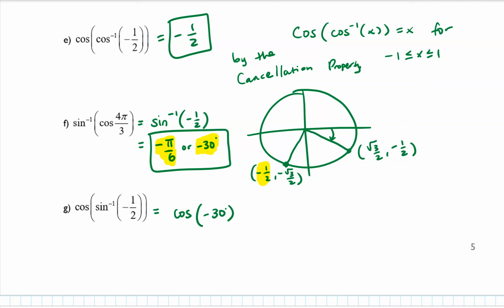And so if you go back over here, cosine, if this is -30 degrees, then cosine is just going to be whatever the x value is there. And that is √3/2. So the final answer to part G is going to be positive √3/2. So that is our final answer for part G.